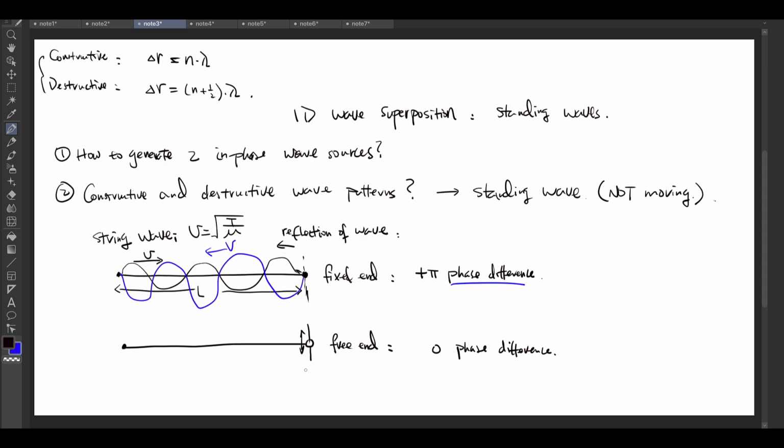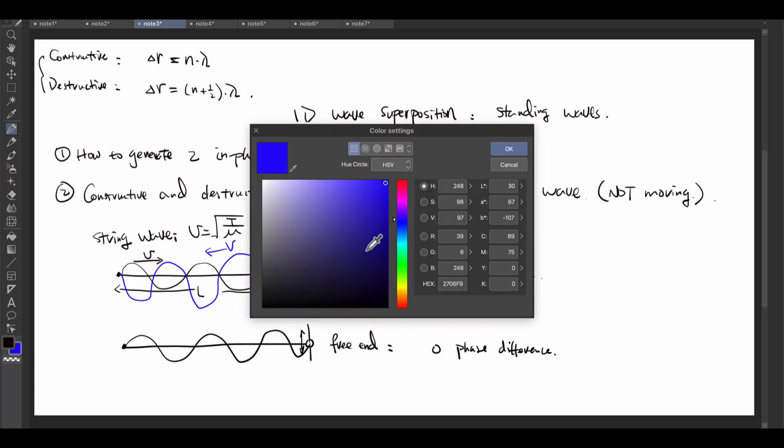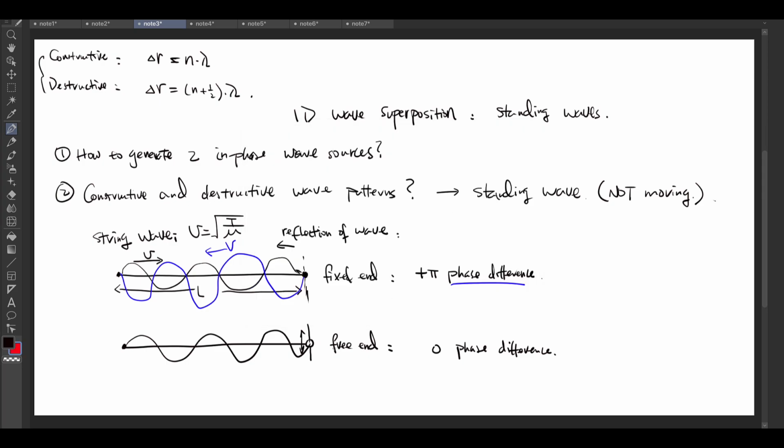Now for the other one, for the free end, the reflected wave will still have the same shape as the other one, because that's the zero phase change. So it's going to go back and also follow the previous wave, retrace that path.